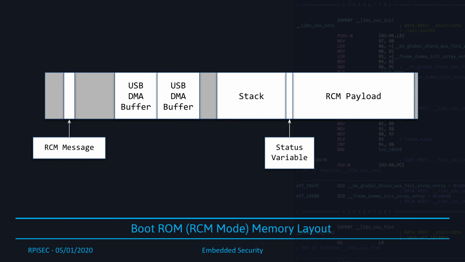This is what the memory looks like. You have your RCM message in RAM at the beginning there. This is on the actual Tegra, the memory layout for the NVIDIA boot recovery applet. So you have your RCM message at the beginning, with all the various data, like the signature and all this other stuff.